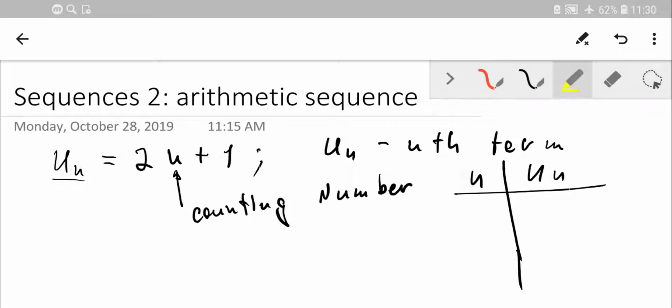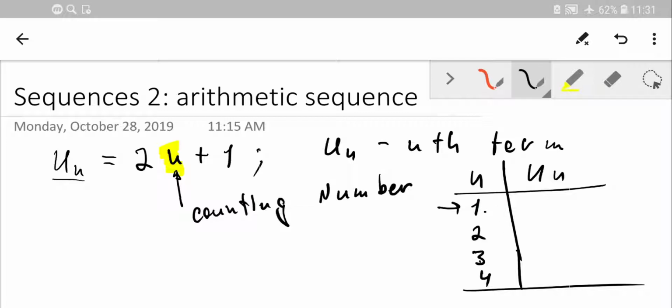In this case, we have n in the formula, and what we need to do is run n starting from 1 up to a certain number that you're given. Let's say we need to generate 4 terms, so we end up with n equals 4, running through natural numbers from 1 to 4. Just simply plug into the formula.